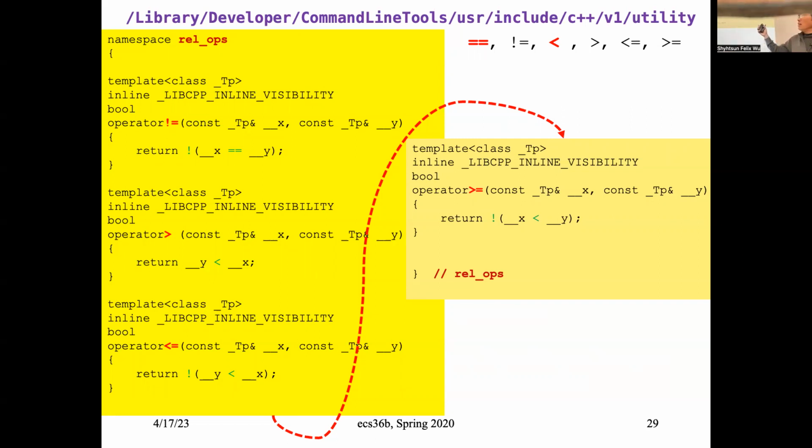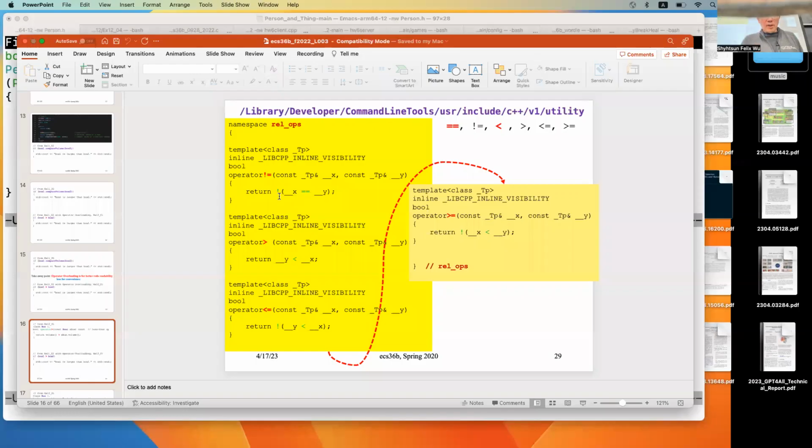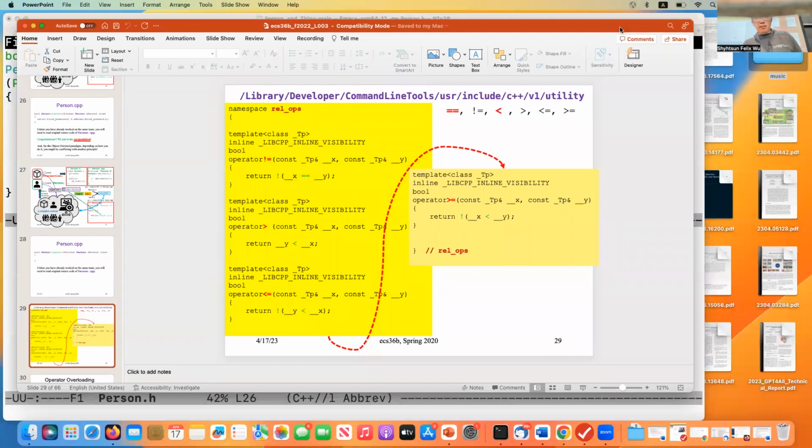But for operator overloading, you can already find its code. This is on my computer. If you have a MacBook, it's under Library, Developer, CommandLineTools, usr, include, c++, v1, utility.